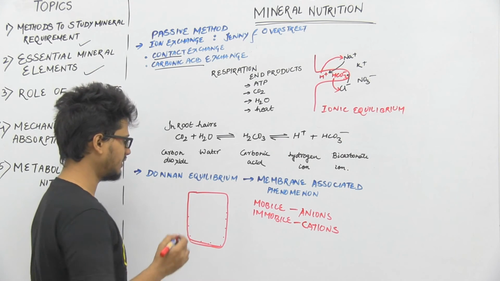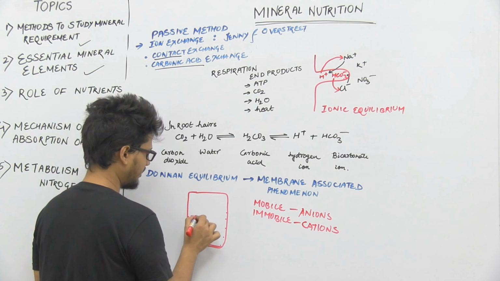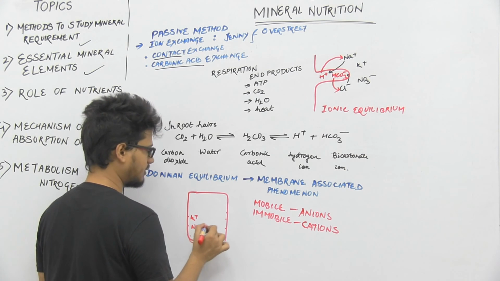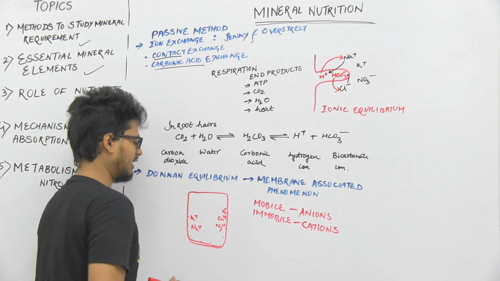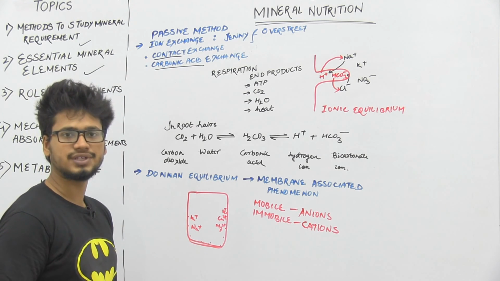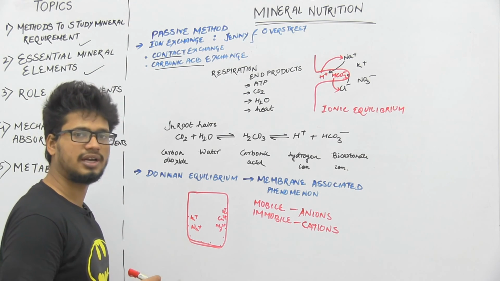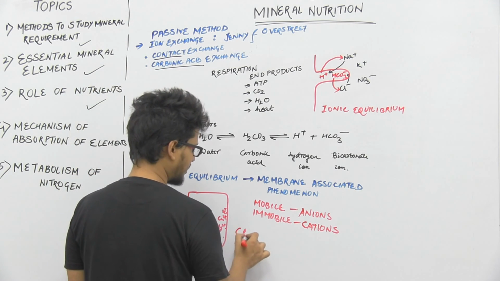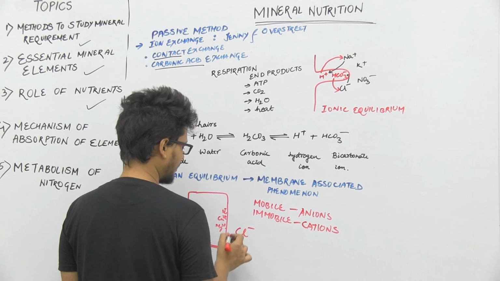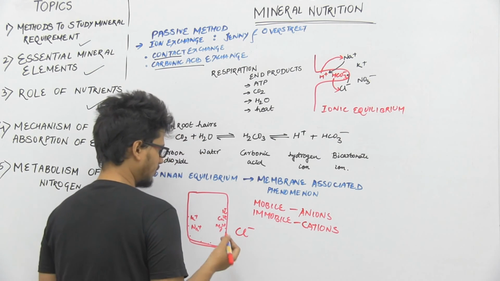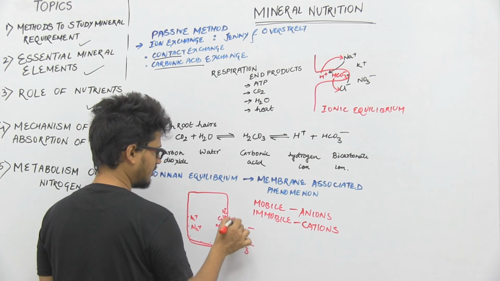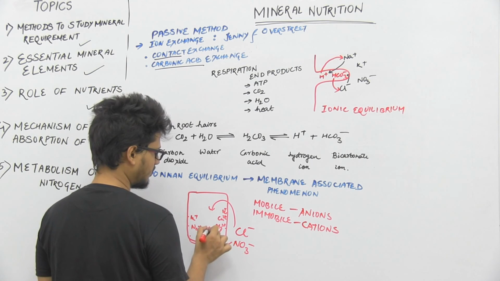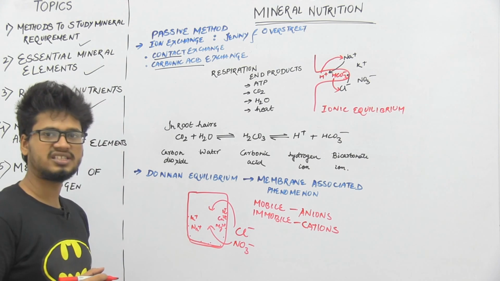And the positively charged ones, let's say we have K plus, Na plus, Ca2 plus, Mg2 plus. Okay. Let's say inside there is a lot of positive charge. To neutralize this positive charge, a lot of negative charge like Cl minus or NO3 minus will come inside the cell, inside the plasma membrane.